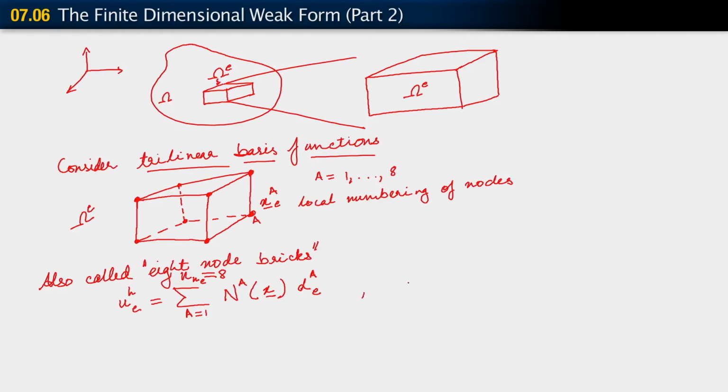And then we also have w^h in element e, which is the sum over A going from 1 to the number of nodes in the element, of N_A as a function of physical position x, times c_A^e.